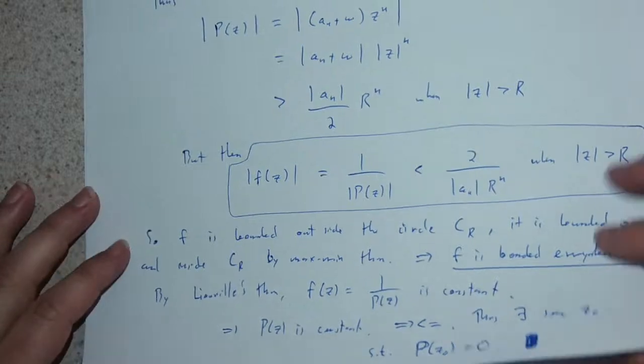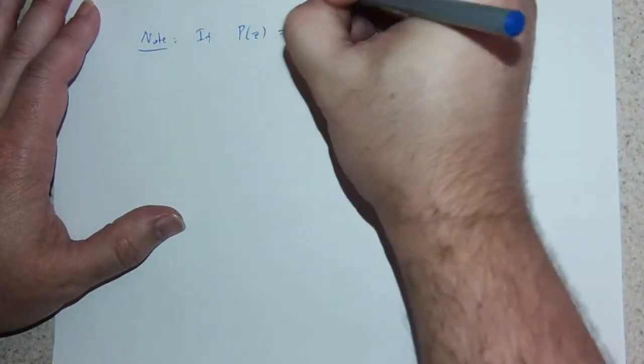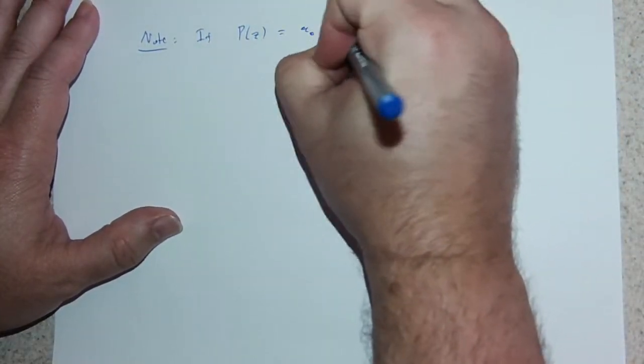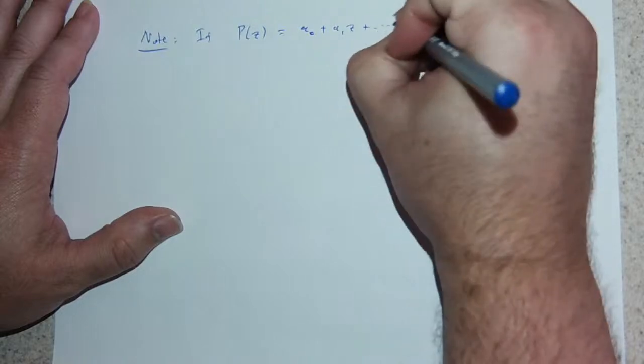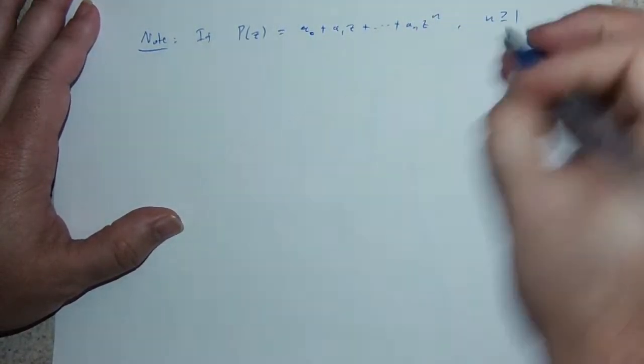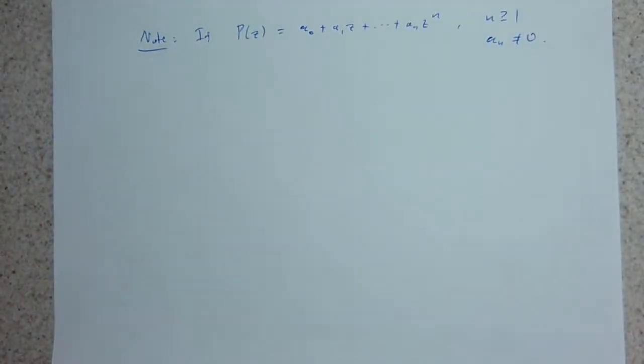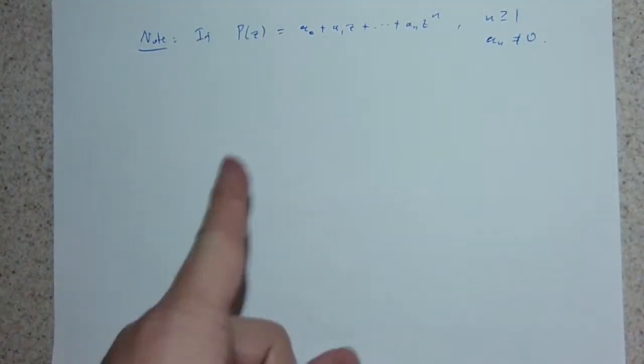Now, how is this related to other versions of this fundamental theorem that you've seen before? So note, if P of z is that polynomial, a0 plus a1 z plus all the way up to a sub n z to the n, where n is greater than or equal to 1 and a sub n is not 0, then this fundamental theorem guarantees this has at least one root.